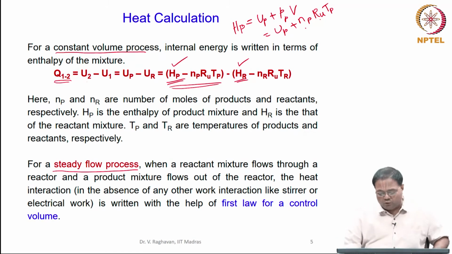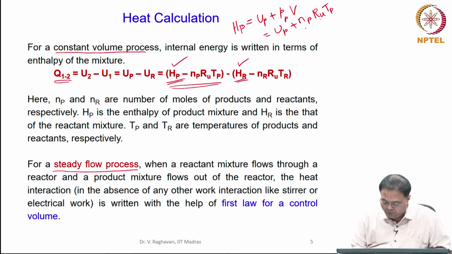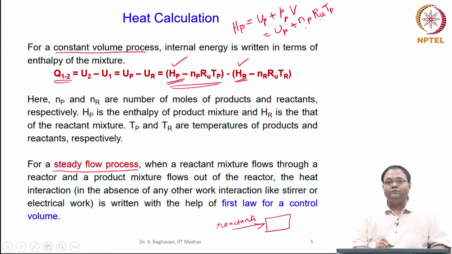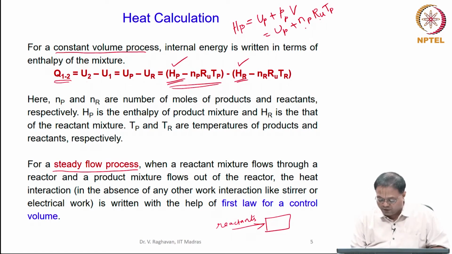Now we need a control volume for this. So what happens here is the reactant mixture flows through the reactor, which is a control volume. So for example, I have a control volume like this, and the reactant mixture flows through here. Then combustion occurs in this reactor. So this is the control volume.